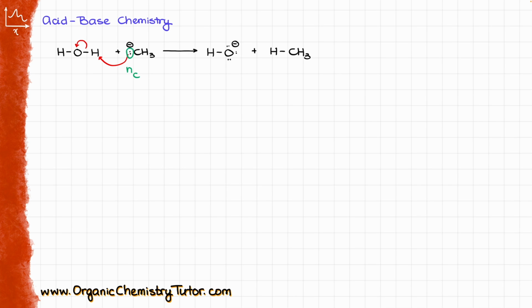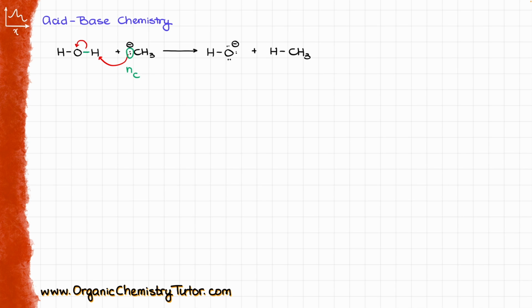Now, whenever you are giving electrons somewhere, like in this case we're giving those electrons to our hydrogen, the hydrogen needs to accept those electrons. And since we are breaking our sigma bond between oxygen and hydrogen, where the electrons are going to break that bond is the anti-bonding orbital.